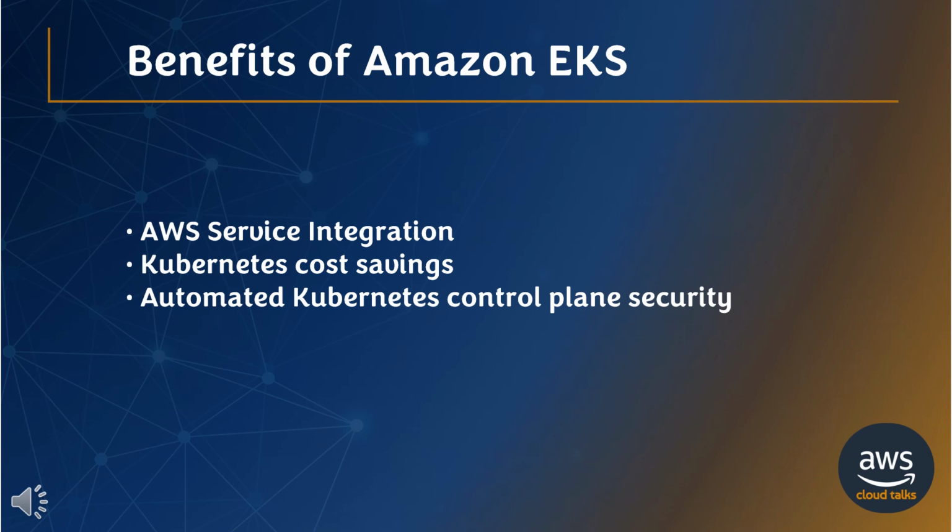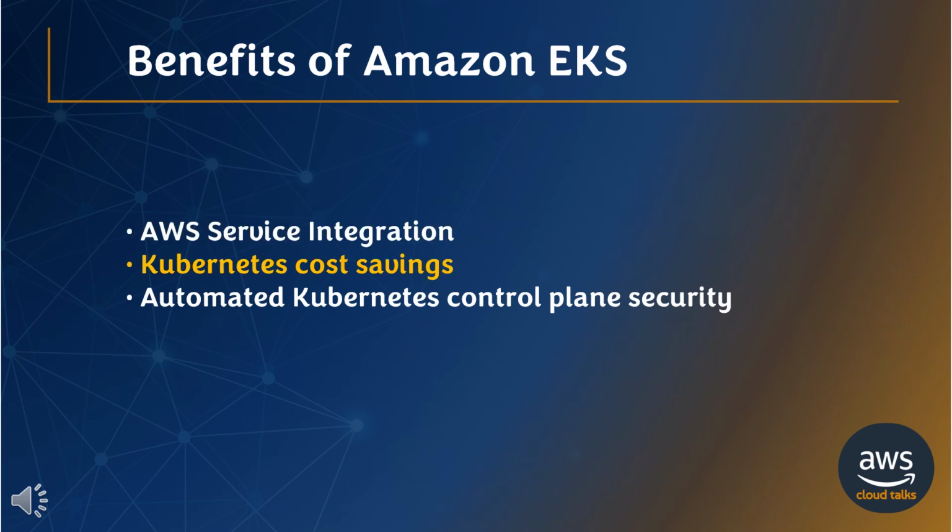Let's elaborate each of these benefits of Amazon EKS. AWS service integration. Many AWS services are integrated with Amazon EKS. You can leverage built-in integrations with AWS services such as Amazon EC2, Amazon VPC, Amazon EBS, IAM, and more.